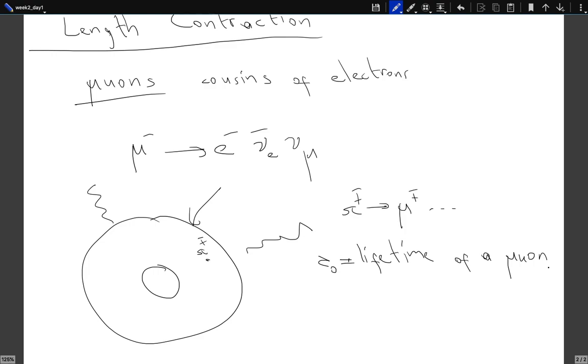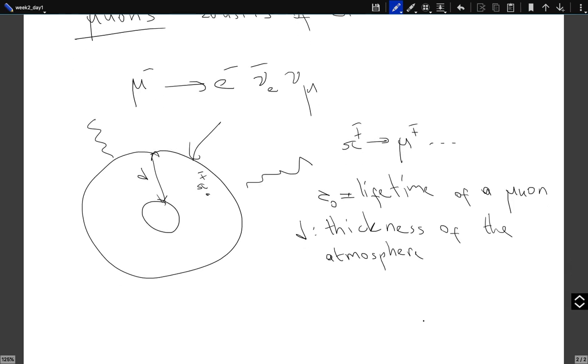And they are moving close to the speed of light. If you say that D is the thickness of the atmosphere, now tau 0 times C turns out to be much less than the thickness of the atmosphere.